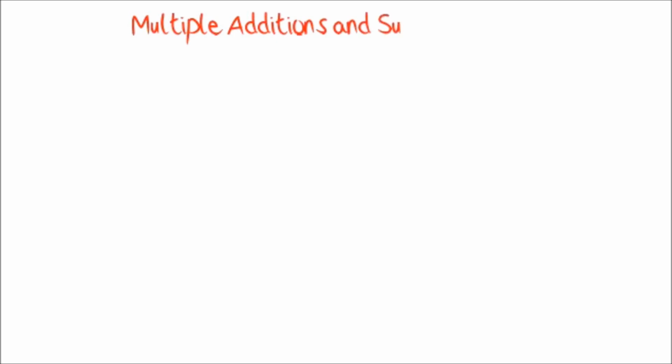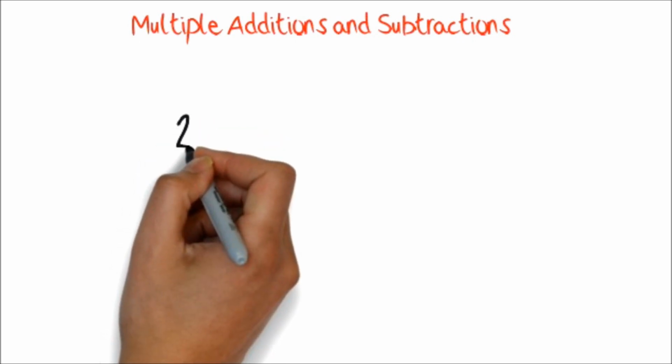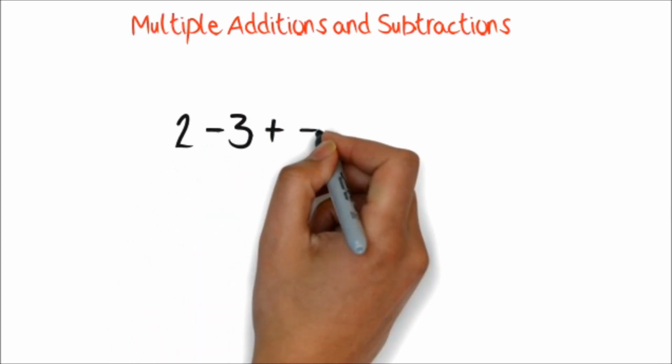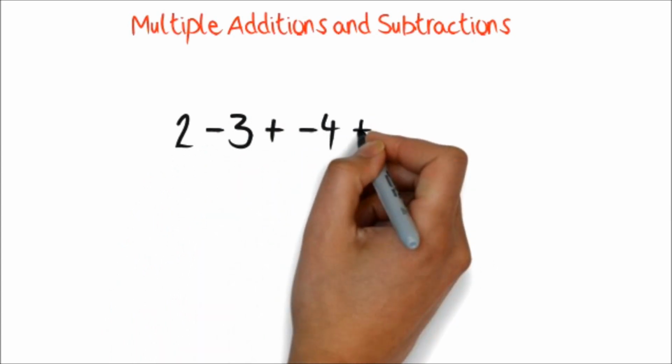Multiple addition and subtraction. Let's look at a lot of numbers. When you want to add or subtract numbers, please work from left to right. Example, add 2 minus 3 plus -4 plus 5.